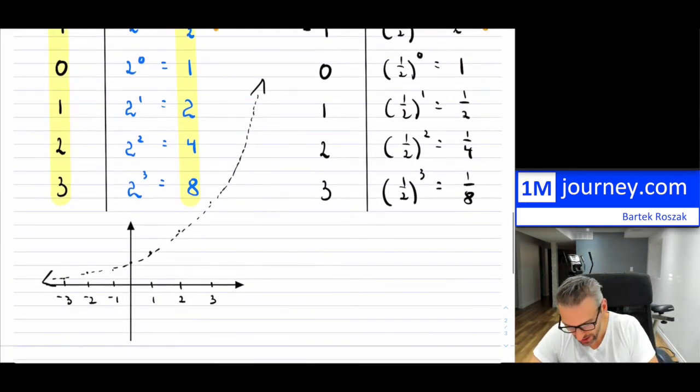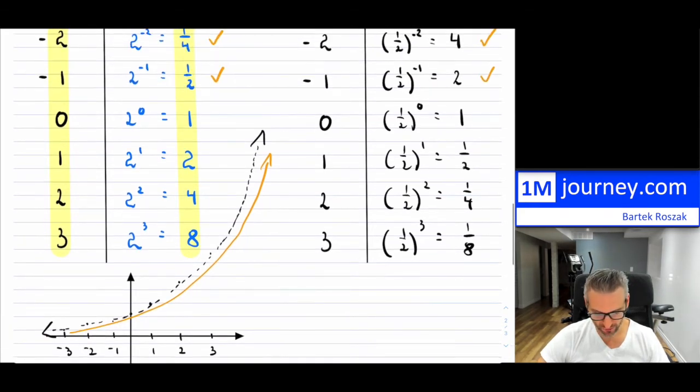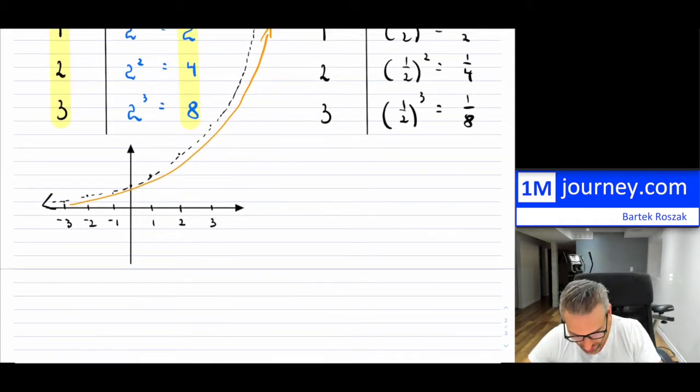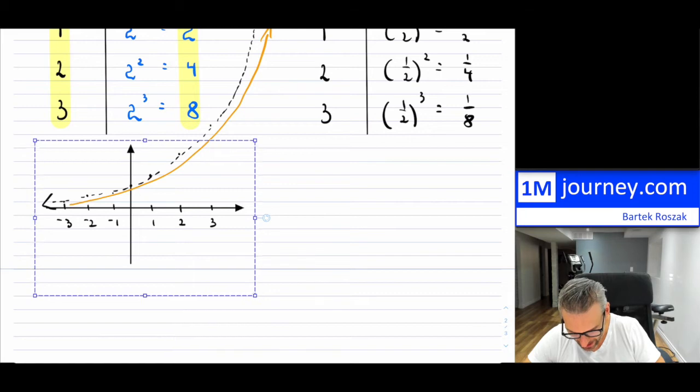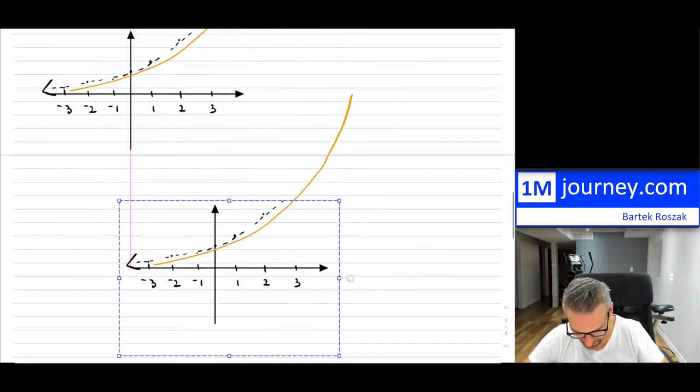So instead of skyrocketing upwards like this when b is actually 2, which is greater than 1, and I'm going to show you on Desmos once I start plotting it, here it kind of looks like it's going in reverse. So I'm going to copy this down and duplicate it, bring it down in here.